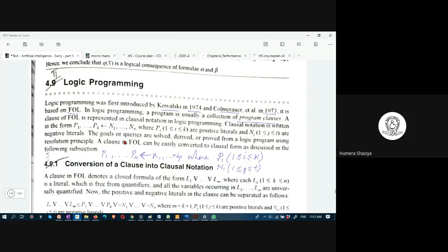The P's are positive literals, and the N's are negative literals. These positive literals followed by negative literals, having a reverse arrow in between them, is known as clausal notation. Logic programming is written in this clausal notation.